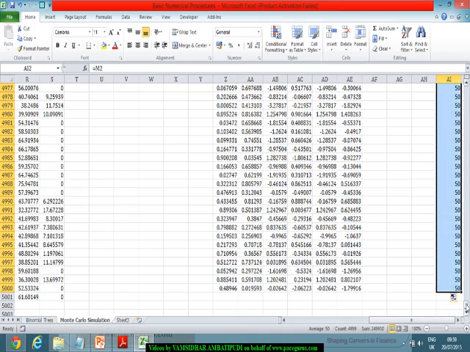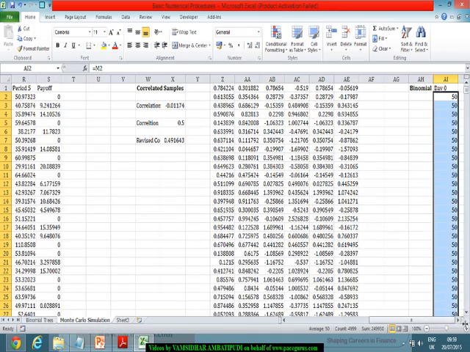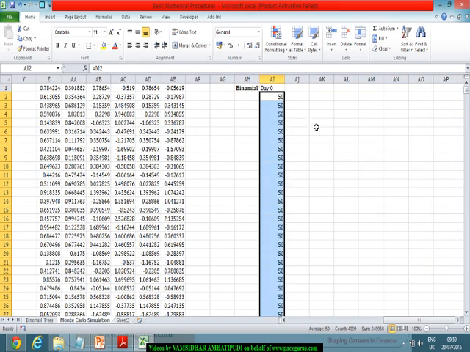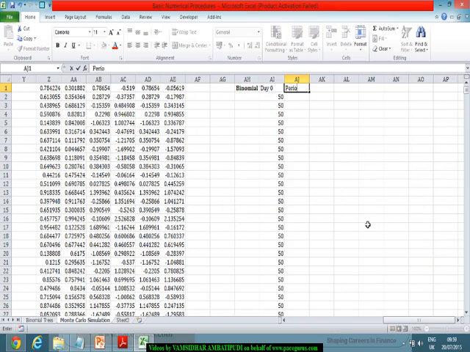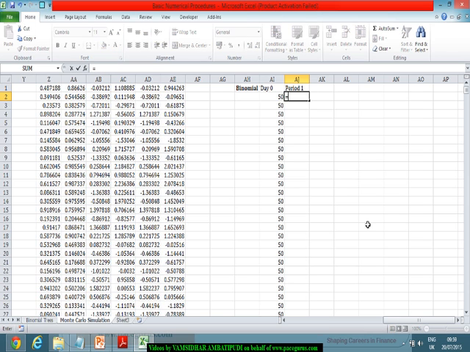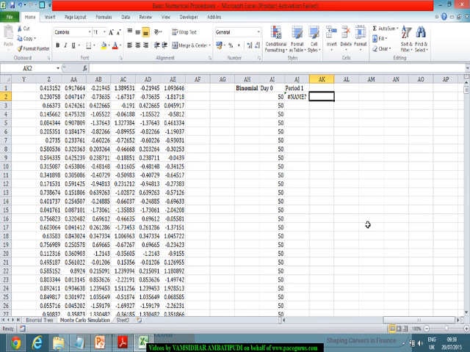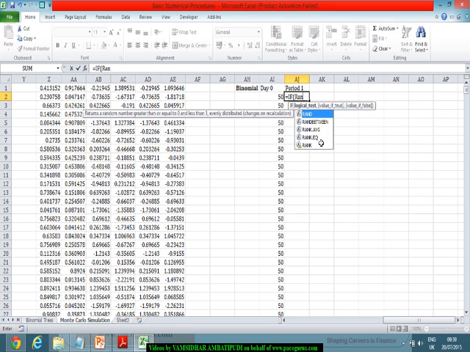Okay, the stock price is 50. So for period 1, what I'm going to do is generate a random number. If rand is greater than 0.6, so I'm talking of 0.6 to 1, I'll take it as a down.